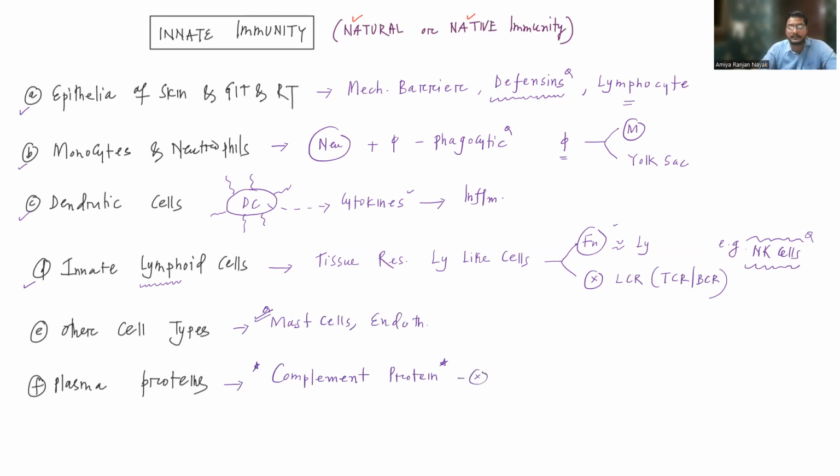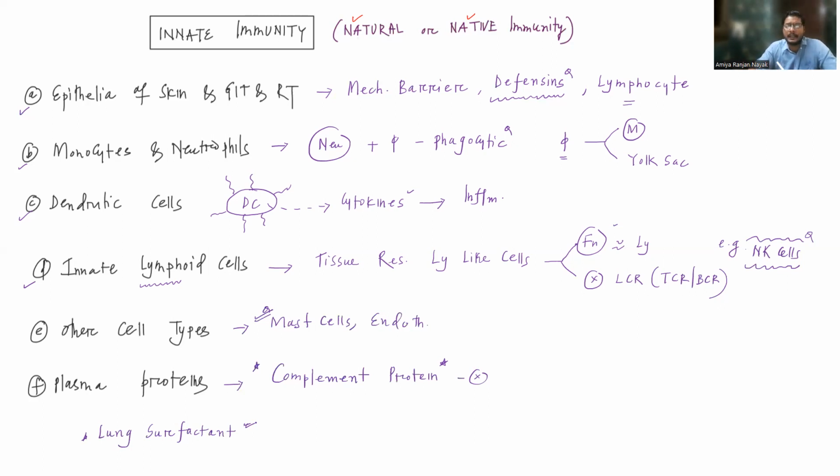Also, there are proteins like lung surfactants in the type 2 pneumocytes of the lungs that also have innate immune functions. So these are the cell types involved in innate immunity.